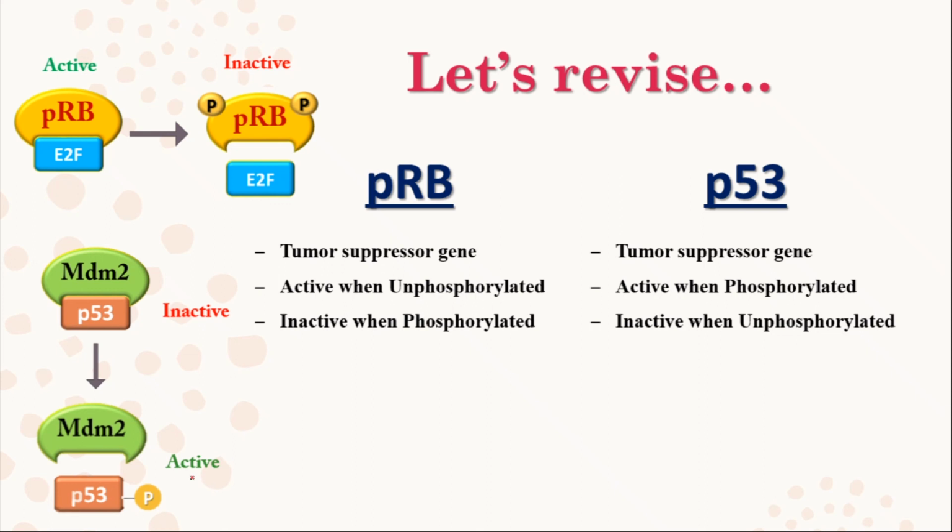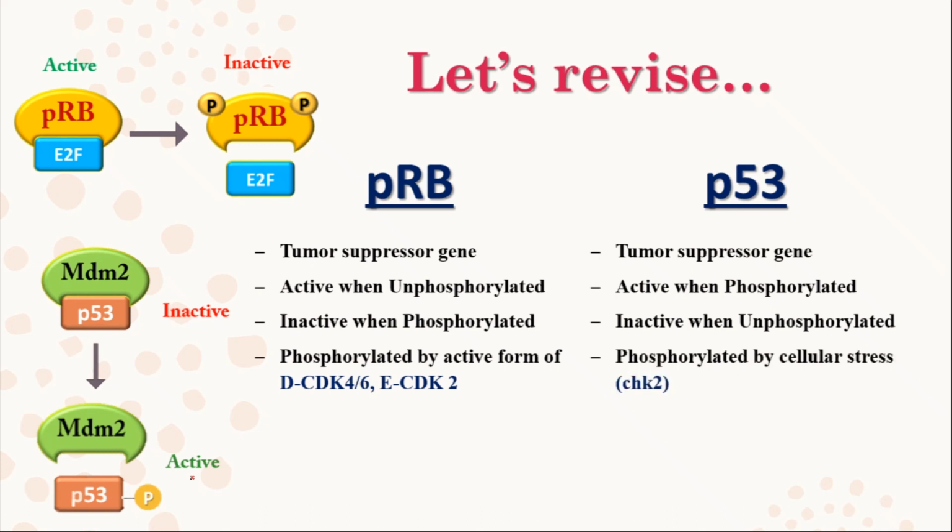Let's go to the next difference. We saw that pRB was phosphorylated by the active form of your D-CDK as well as your E-CDK, that is your G1 and your G1/S cyclin, while P53 was phosphorylated by cellular stress molecules like your CHK2, that is your checkpoint kinase 2. Next, we saw that pRB is going to hold your E2F and prevent its action, while P53 is held by your MDM2 protein.